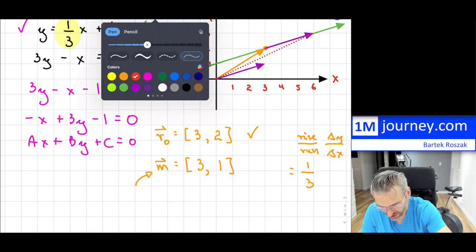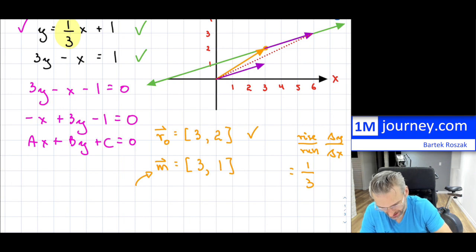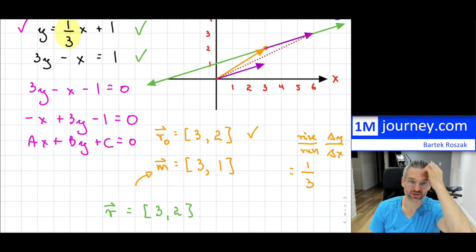And the mathematicians said, okay, that's neat. So I can actually define my line by creating a vector which will touch every point on the actual line by having a starting point, so a starting vector. It doesn't matter which one it is, as long as it's touching somewhere on the line.